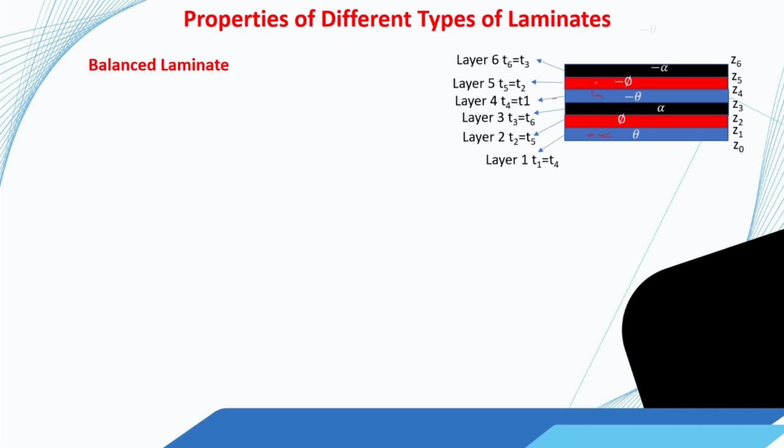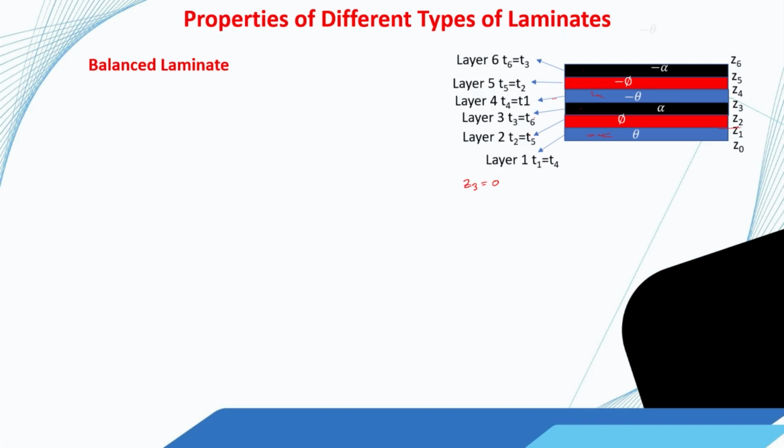Similarly, this red ply is balanced by this red ply, so their angle has to be the same. So, we have T2 is equal to T5, and this black has to be balanced by this black, so T3 is equal to T6. Now, here accordingly we have to define the Z's. Again we have Z3 is equal to 0 and the rest of the Z's have values accordingly. For example, Z4 is equal to T3, and similarly Z2 is equal to minus T3.